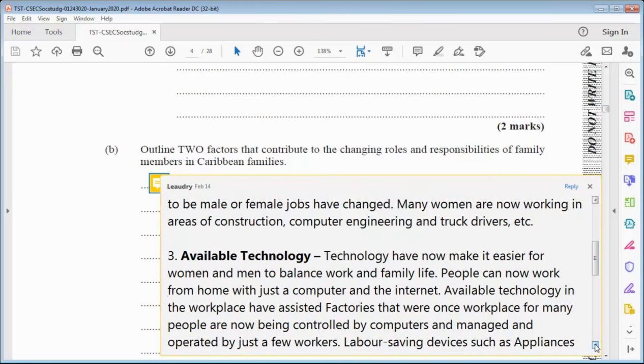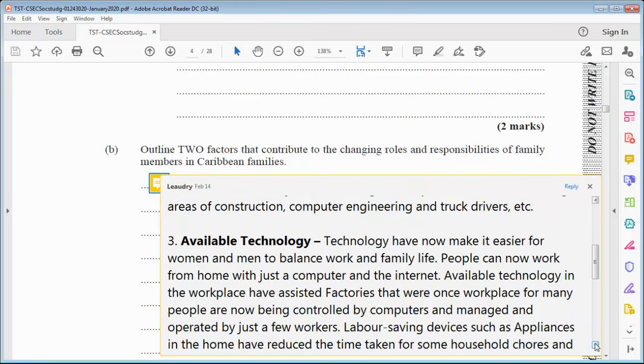is available technology. Technology has now made it easier for women and men to balance work and family life. People can now work from home with just a computer and the internet. Available technology in the workplace has assisted, as factories that were once workplaces for many people are now controlled by computers and managed and operated by just a few workers.